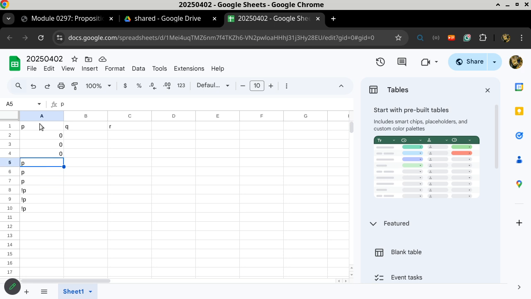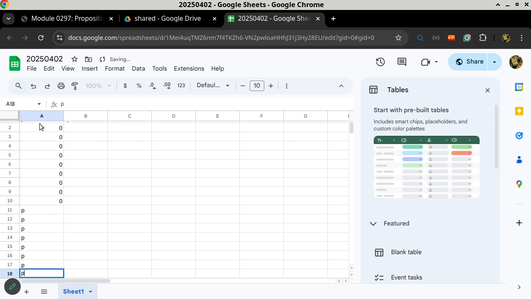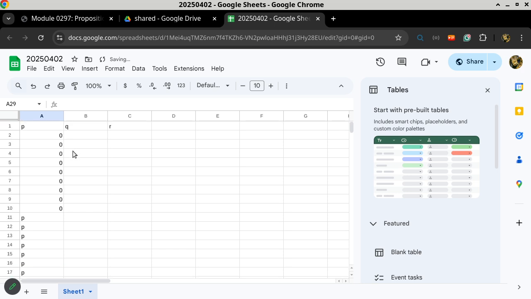So I screwed this up again. Okay, and then P can be present but not negated. 1, 2, 3, 4, 5, 6, 7, 8, 9. And then P can be negated. Okay, not P, not P, not P, not P, and not P. Okay, we need one more. There we go. Okay, so that's accounting for all the P's.